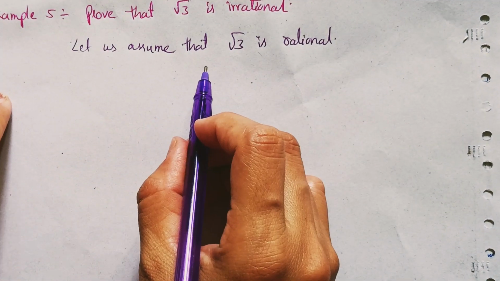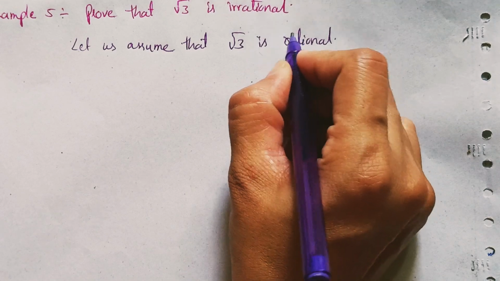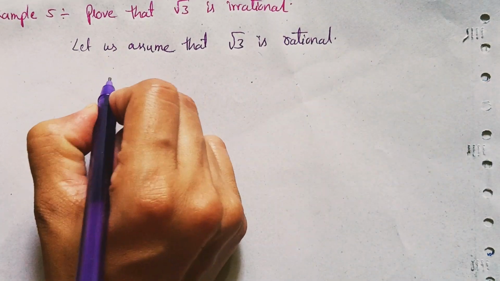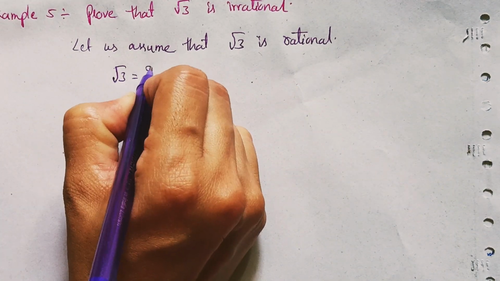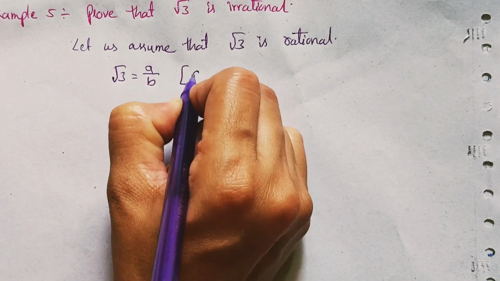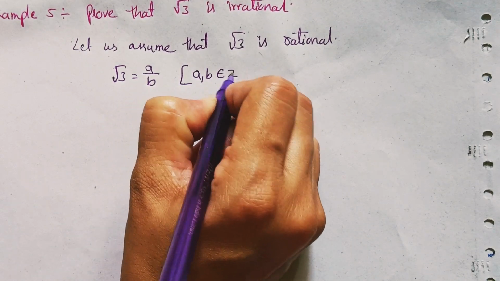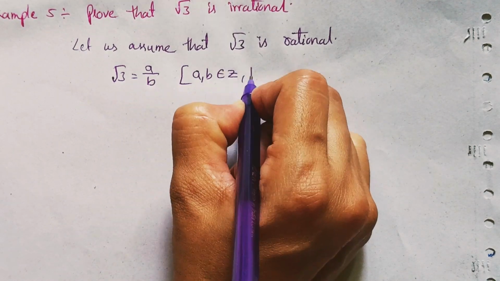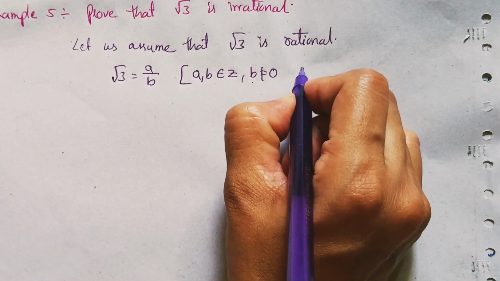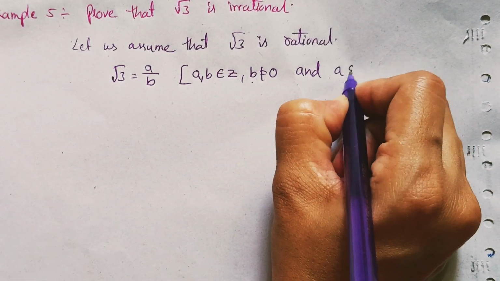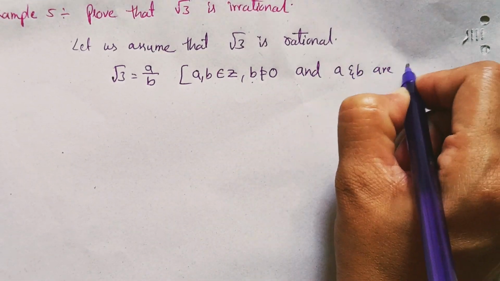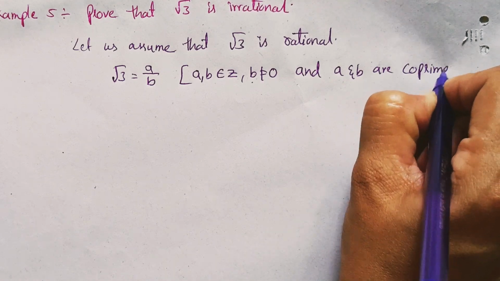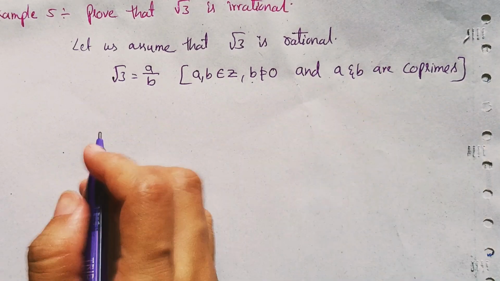Then root 3 equals A by B, where A, B belong to Z, which means integers, and B not equal to 0, and A and B are coprimes.